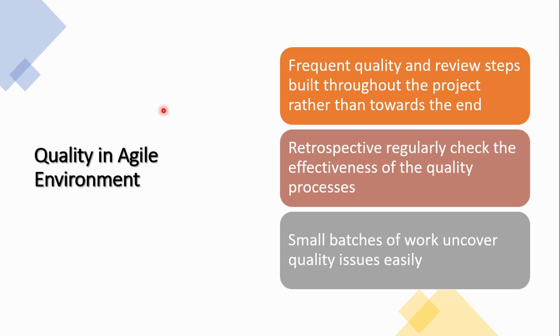And also in Agile, basically you take a small batch of work, or what you call the product backlog, and then you try to deliver those things within the defined iterative period. With a small batch of work, it is easy for the project team or the software development team to uncover any quality issues.